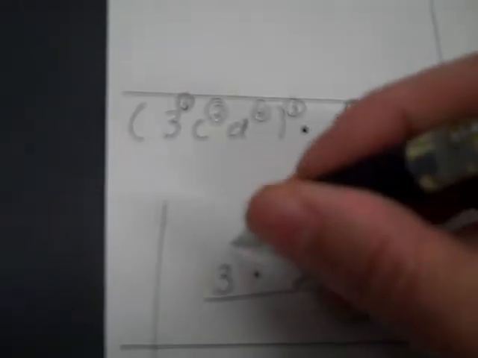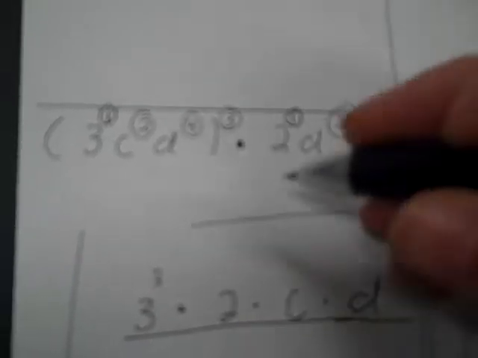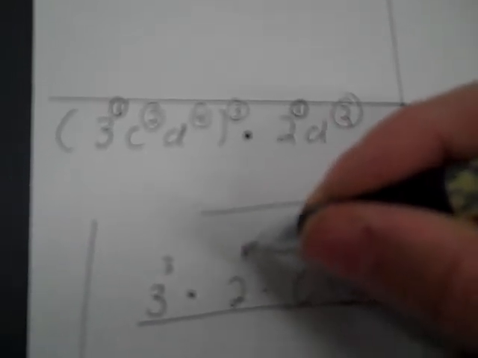So we have to take 1 times 3. That's 3. Now, the 2 is to the 1, but you see how there's no parentheses around that 2? So we're going to keep it to the 1 power. We're not going to multiply here. See, that 3 was in a parentheses with a power, so I take 1 times 3. But this 2 is not in a parentheses, so I just write down the power that's there.